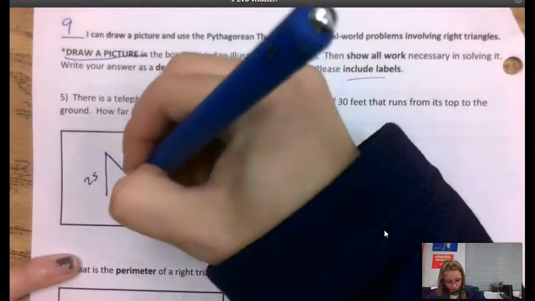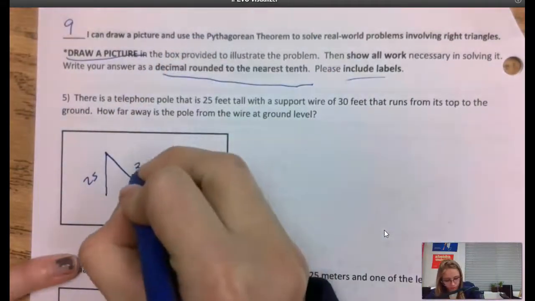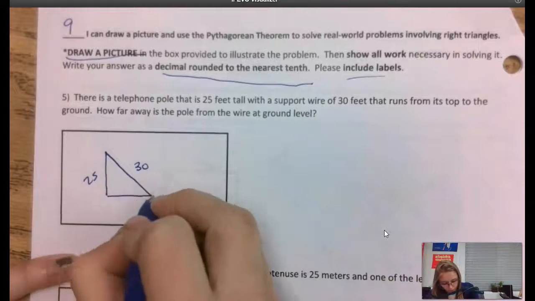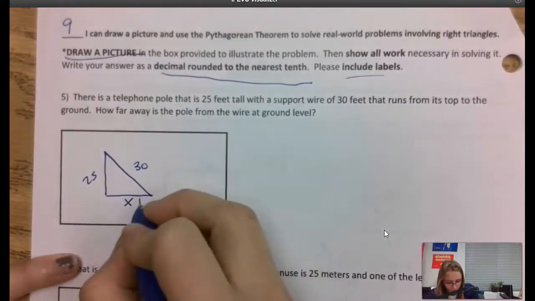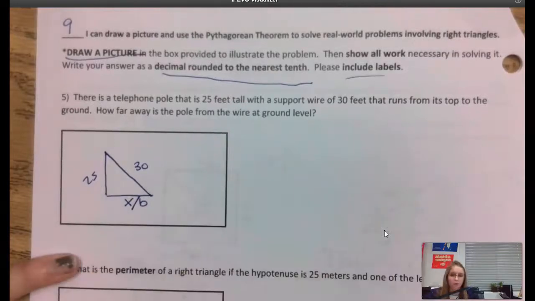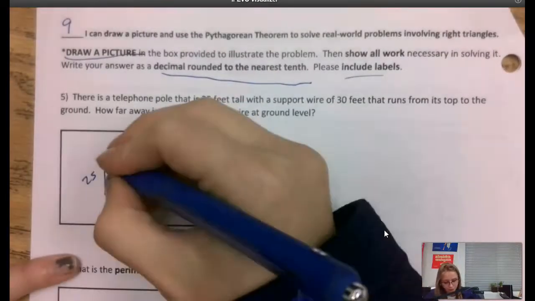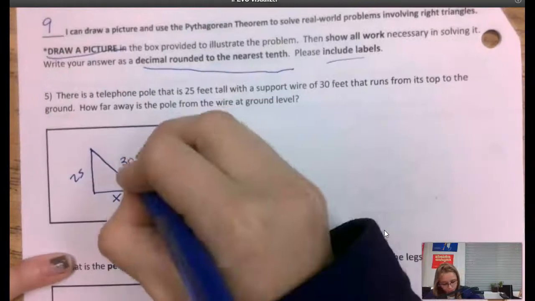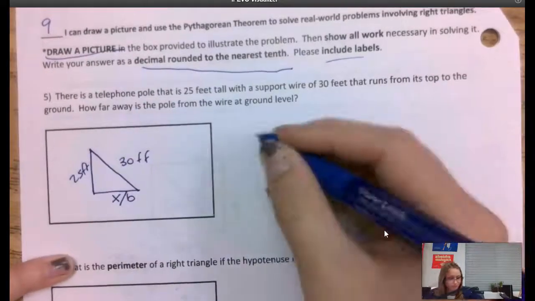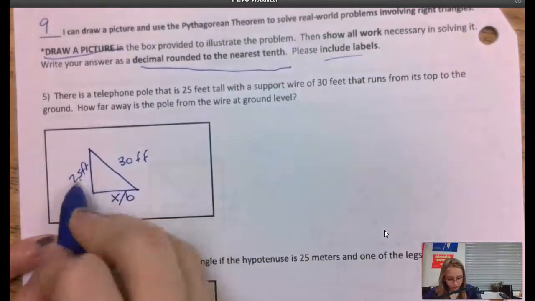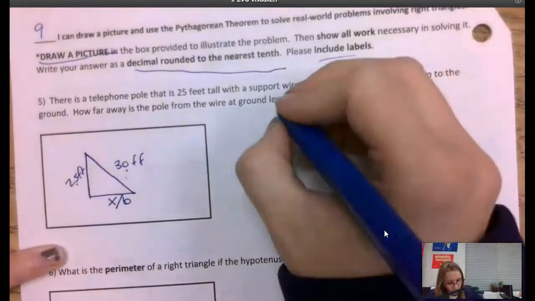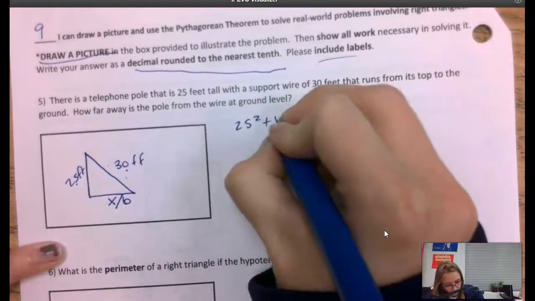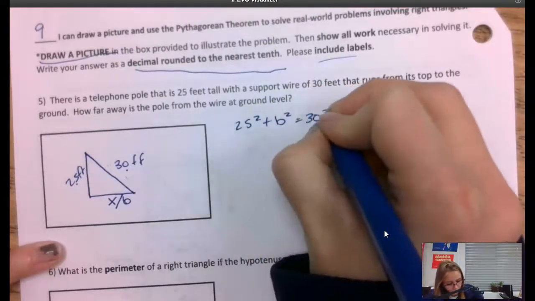The wire is a little bit longer, at 30 feet, and we need to figure out this distance. You could label it x, b, or a, whatever you want. This is my a, b, and c, because the wire is my longest distance. So 25 squared plus b squared equals 30 squared.